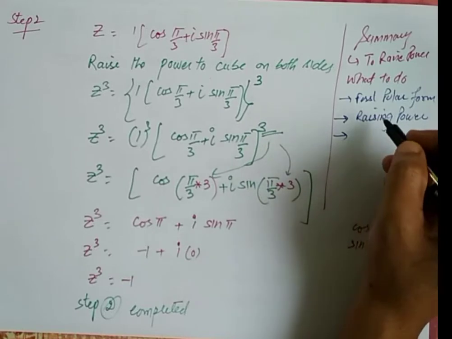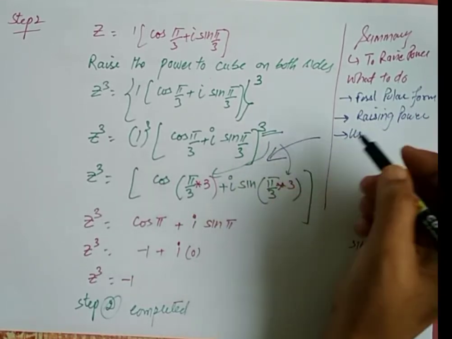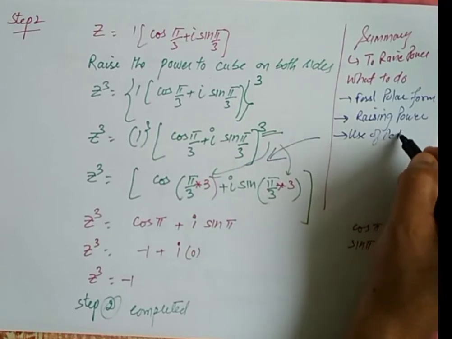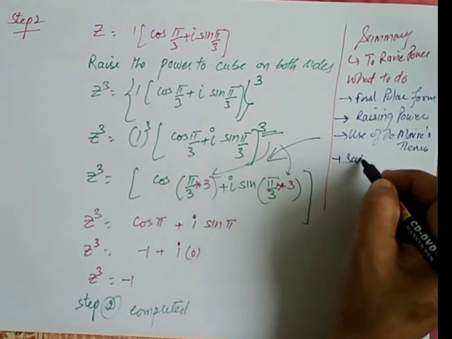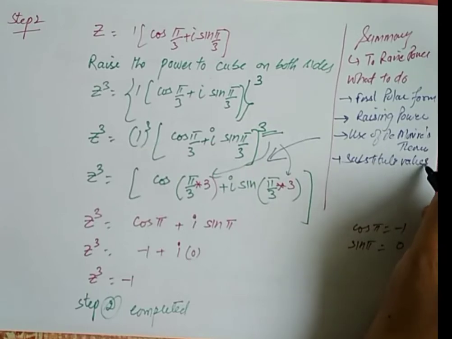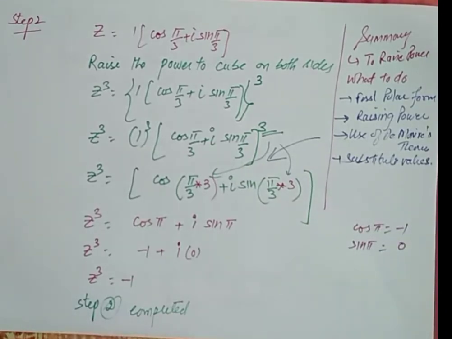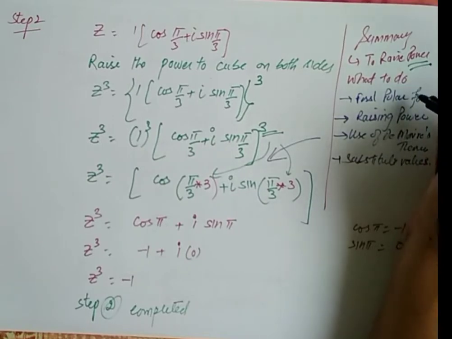Third is use of De Moivre's theorem, as we have used here. Then substitute values and get the answer. So to evaluate powers, it's a 3-step procedure.